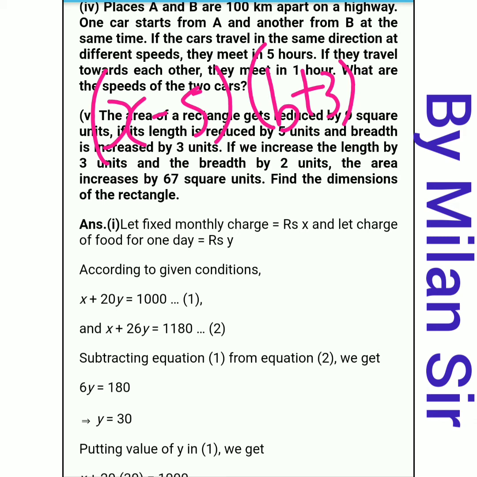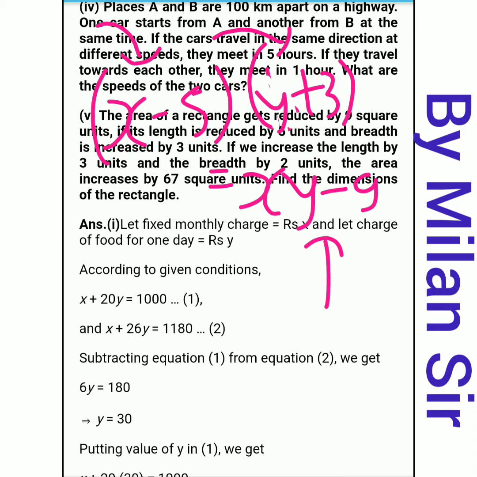The area of rectangle gets reduced by 9 square units. Initially the area is xy, reduced by 9 square units, so minus 9. Sorry, in place of b I need to write y. So if we decrease length by 5 units and increase breadth by 3 units, then our area is reduced by 9 square units.